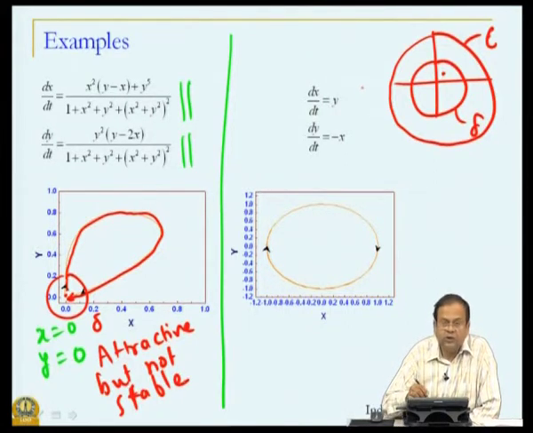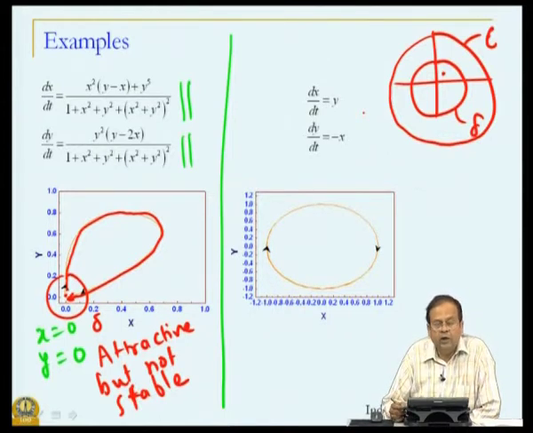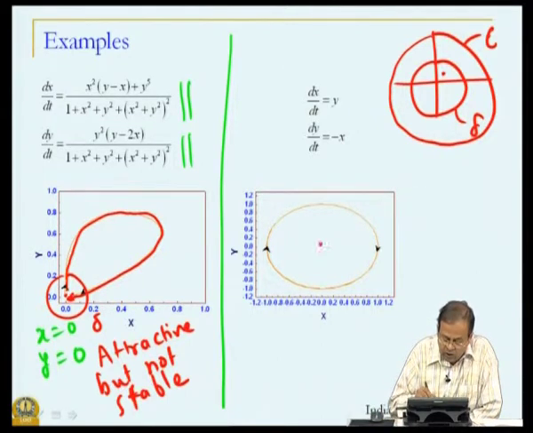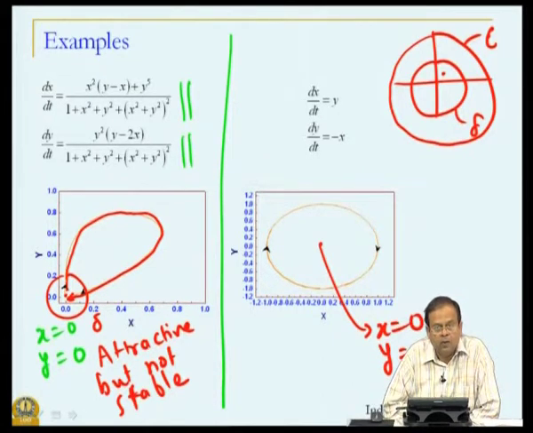On the right hand side is another example, dx/dt equal to y and dy/dt equal to x, whose steady state solution is again x equal to 0 and y equal to 0.